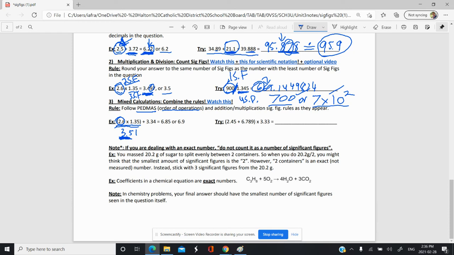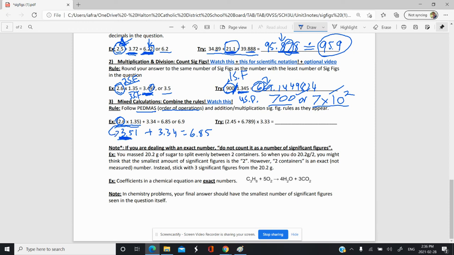I'm going to keep this in my calculator as 3.51, and I'm going to add the 3.34 now. And so when I do plus 3.34, I get 6.85. But remember, we want to round so that we only have 1 decimal place now, because my significant figures from here would have been 2.